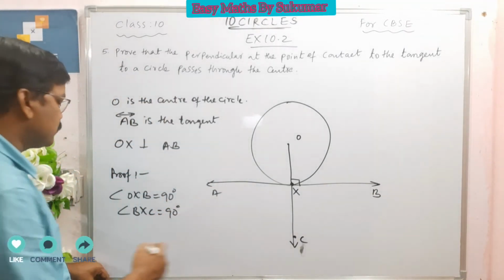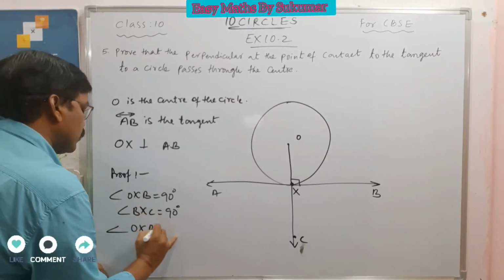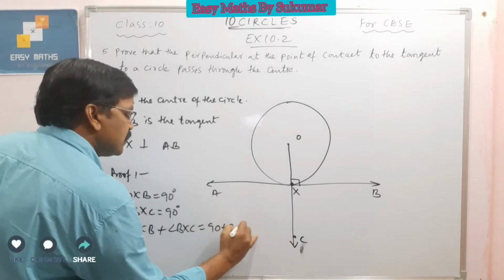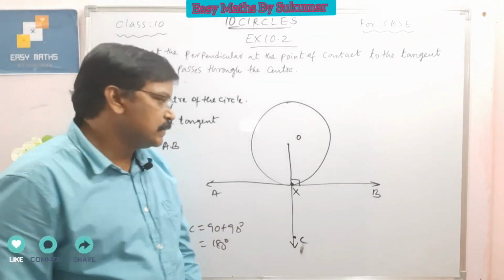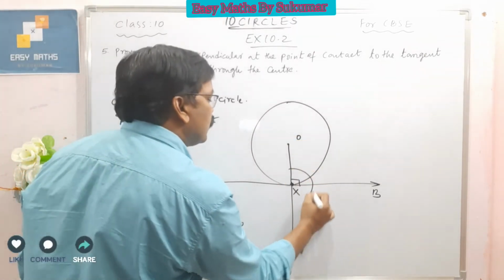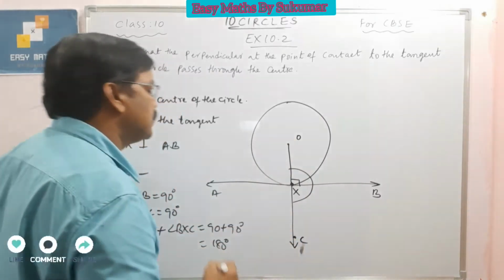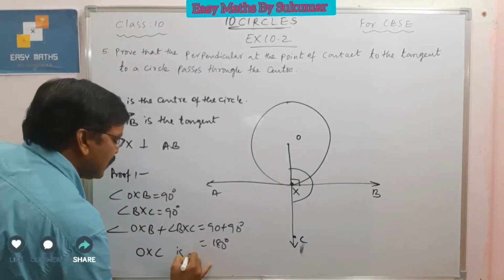Okay. Just add the two equations. Angle OXB plus angle BXC is equal to 90 plus 90, so that is equal to 180 degrees. This sum is 180 degrees, which means OXC is a straight line.